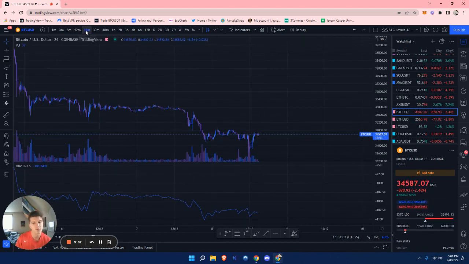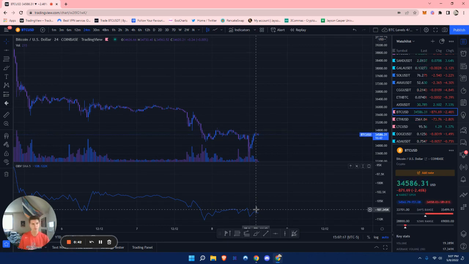Anyways, what you can think of on balance volume is volume coming in and total volume coming out of an asset, really. Most of the time it can be a pretty good leading indicator, especially on the daily time frames.